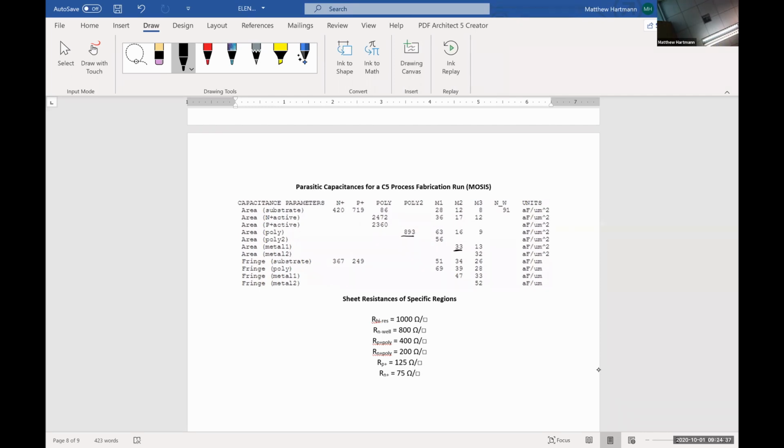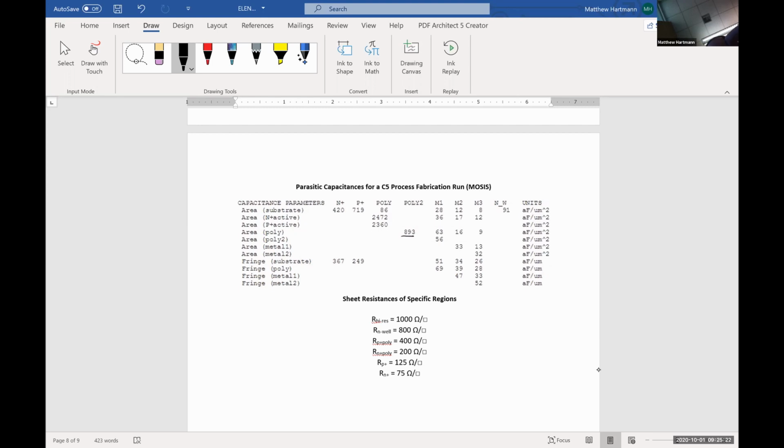So just to be clear, 893 divided by 33, 27 times larger, or the metal to metal capacitance is going to be 27 times smaller. We can see metal 2 to metal 3 is roughly the same value, a difference of 32 and 33 attofarads per micron. That's fairly straightforward. The reason metal 3 to metal 1 is so much smaller is because it's effectively a metal 3 to metal 2 capacitor in series with a metal 2 to metal 1 capacitor. So when capacitances are in series, we get smaller numbers, which hopefully you all remember.